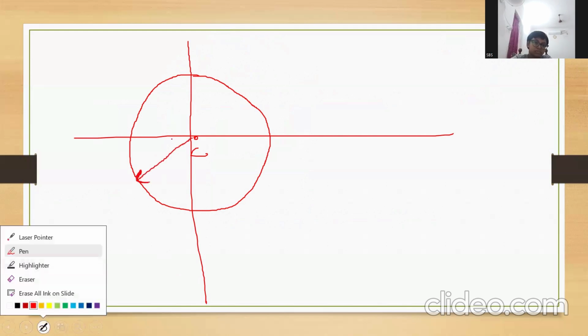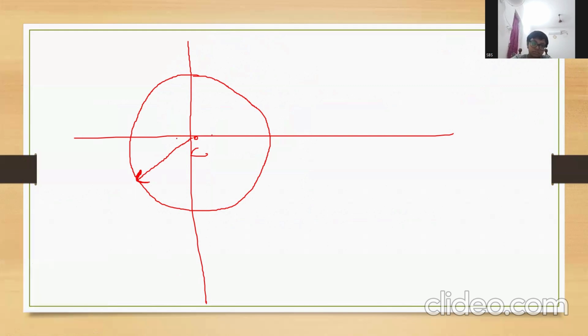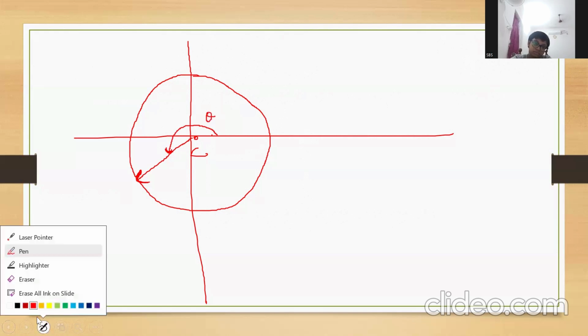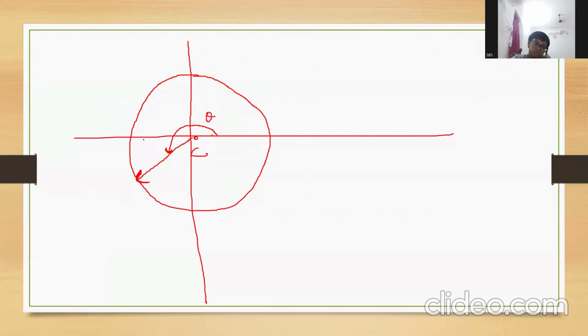Now, this is the theta. Theta is this. Now the projection on the x-axis will be like this. Clear? On the y-axis, it will be like this.